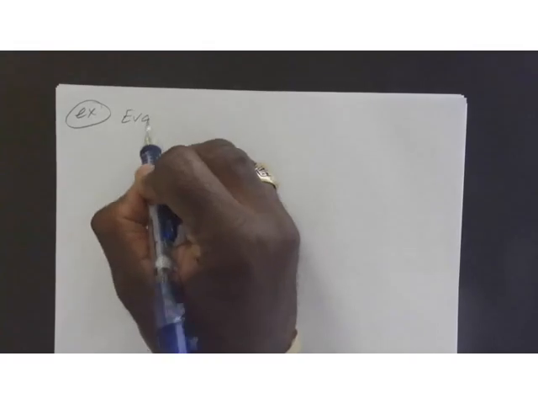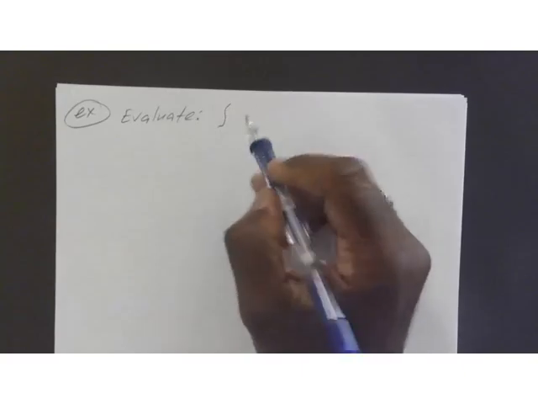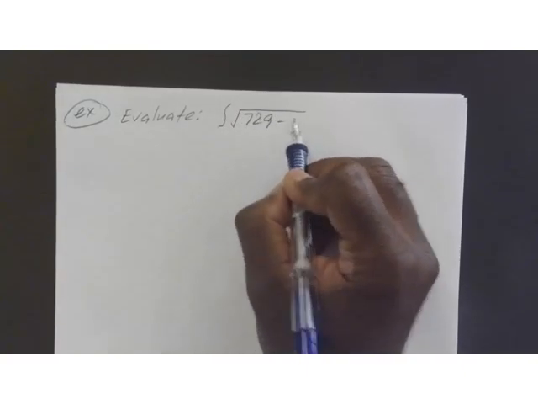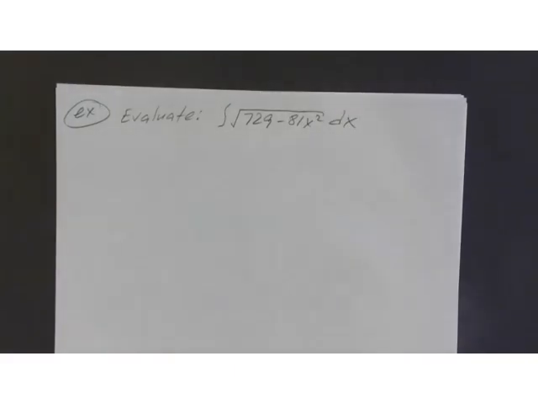Okay, so let's say, for example, we wanted to evaluate the integral of the square root of 729 minus 81x squared with respect to x.